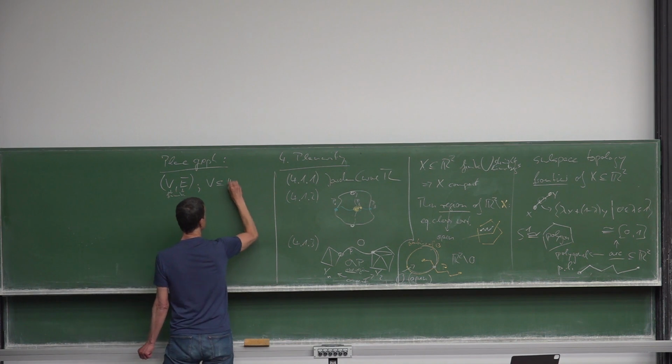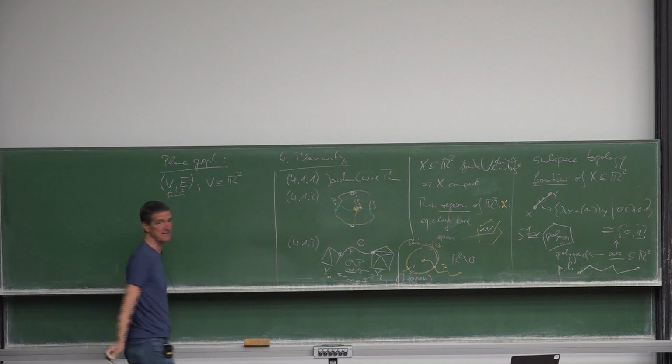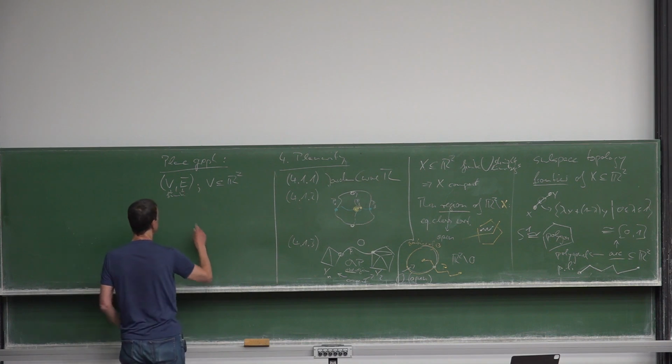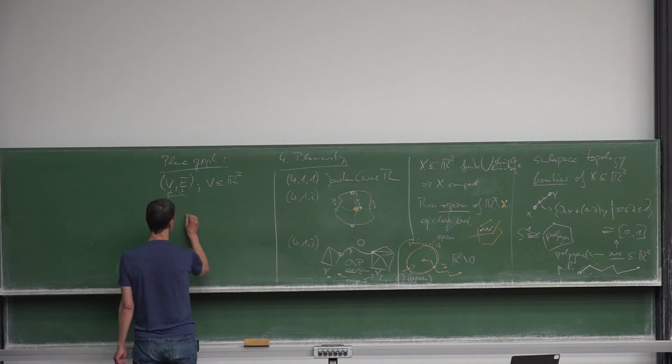So V is just a set of points in the plane, any set of points. E is a set of polygonal arcs.